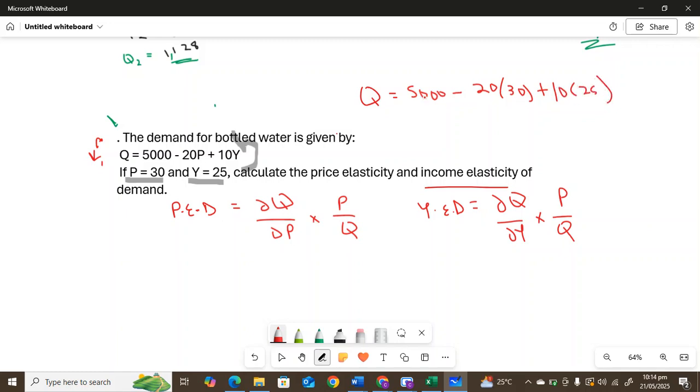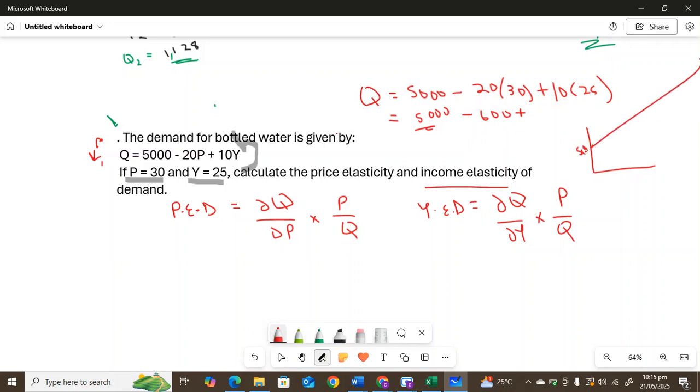Colleagues, this 5,000, what does it represent as we are tabulating this equation? No one has asked. We've just accepted everything, but we've ignored the 5,000. And then in the exam, they tell you, explain what the intercept means, because this is the intercept here. Your demand function starts at 5,000, not at the origin 0, 0.